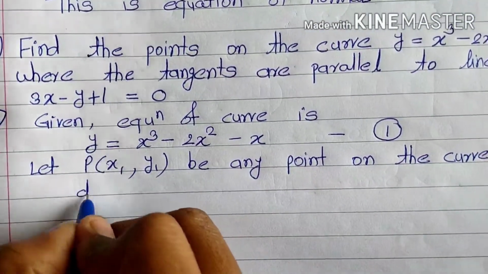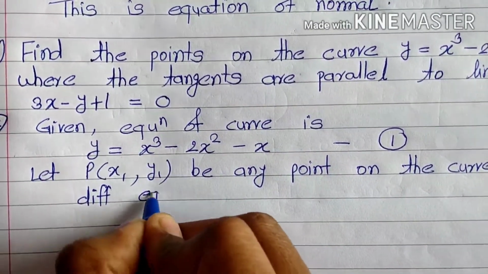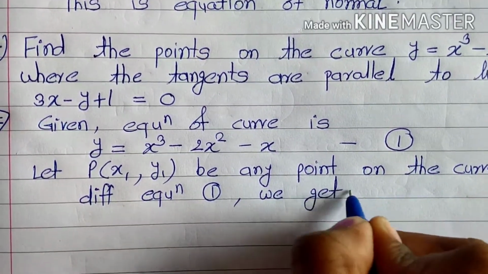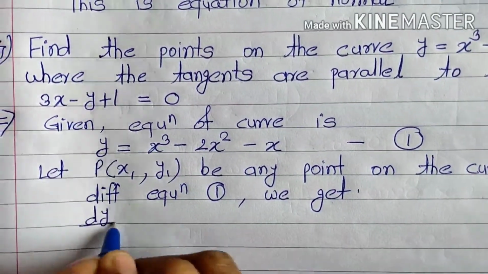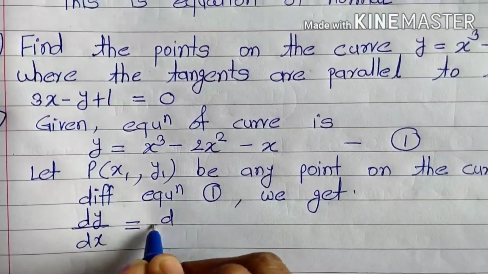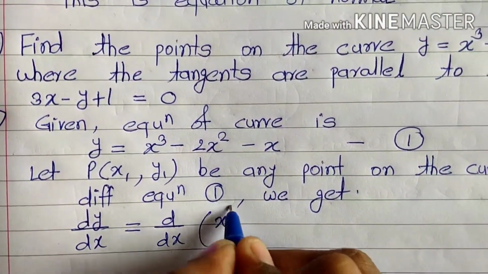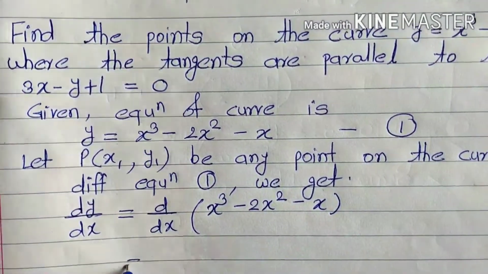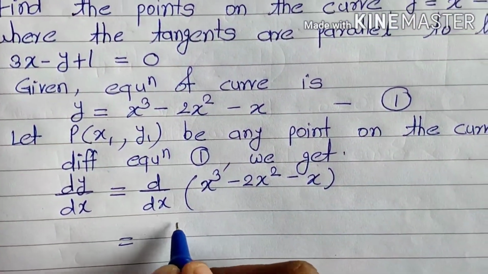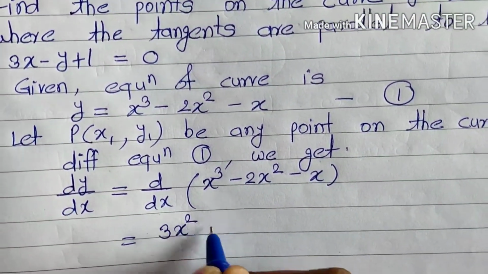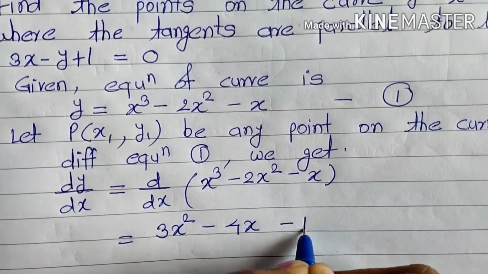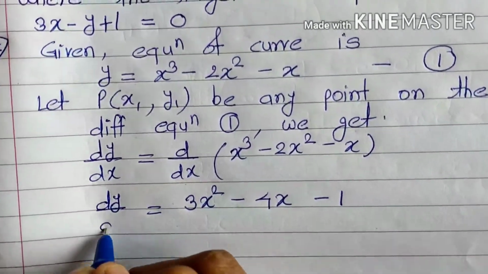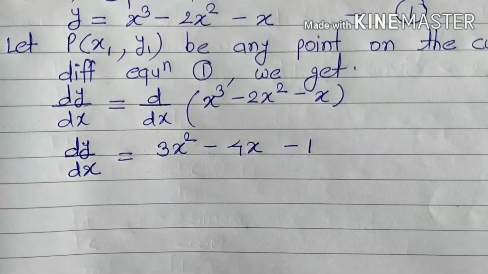Now differentiate equation 1. We get dy by dx is equal to d by dx of x cube minus 2x square minus x. So it will become, I am differentiating here directly, 3x square minus 4x minus 1. I am avoiding some steps here. You can also avoid it. So it is dy by dx.